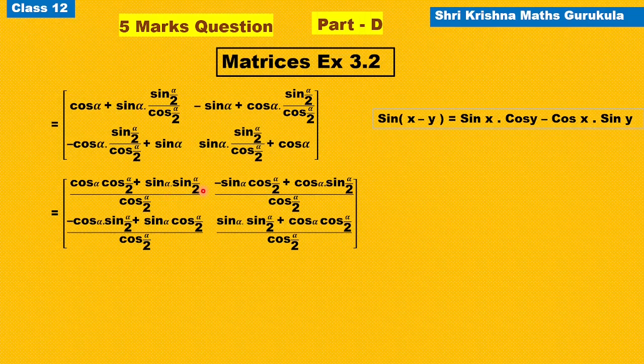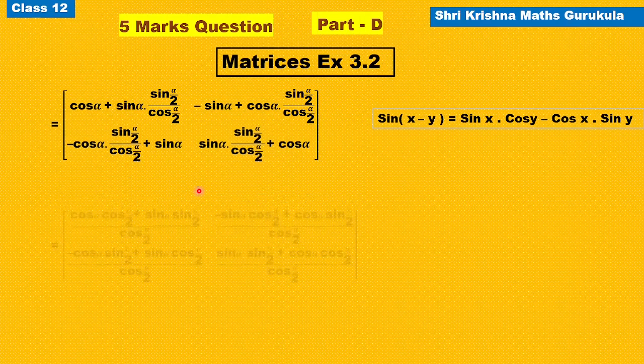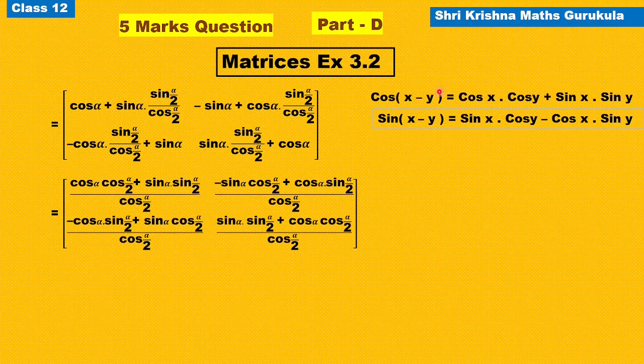It is cos A cos B plus sin A sin B, or cos x cos y plus sin x sin y. It is nothing but cos of x minus y, or cos of A minus B. So what is the formula? Look at this. Cos x cos y plus sin x sin y is cos of x minus y. That is what it is, right? Here x is alpha and y is alpha by 2.